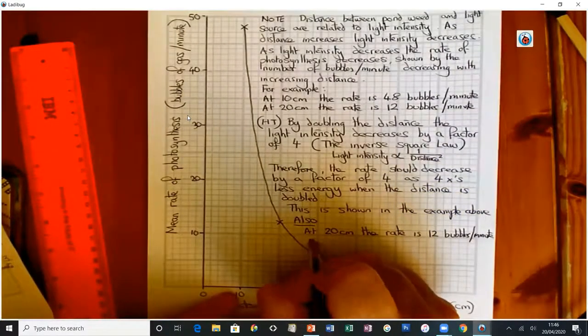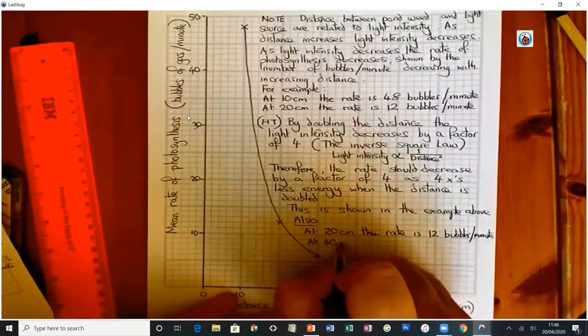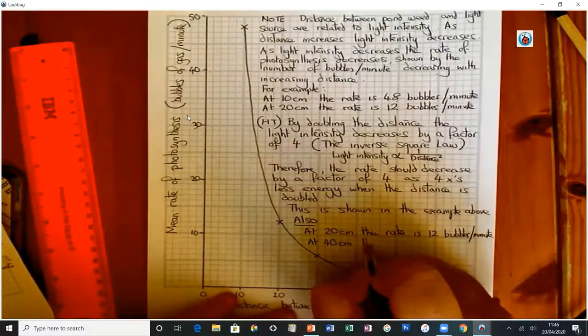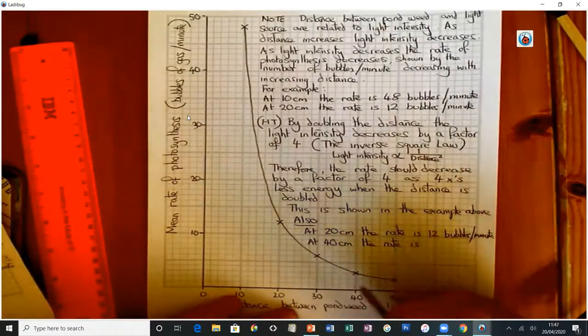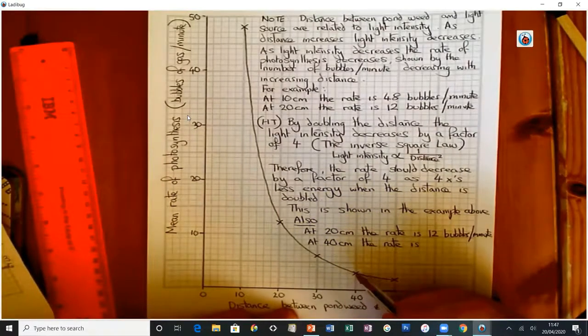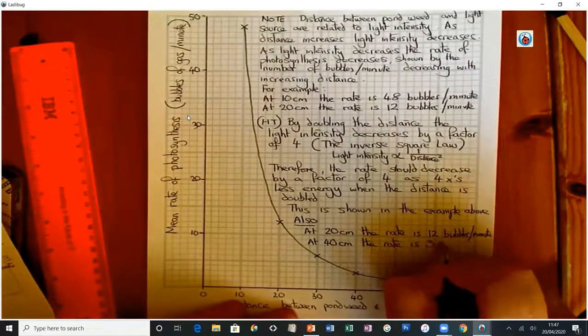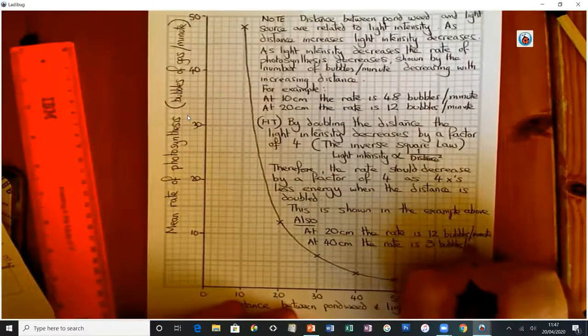And at 40 centimeters, the rate is 3 bubbles per minute.